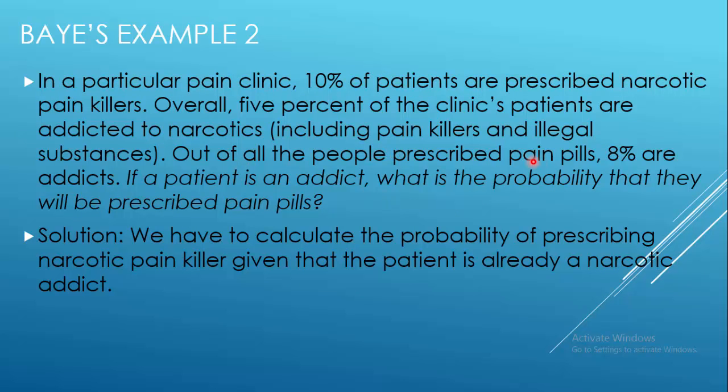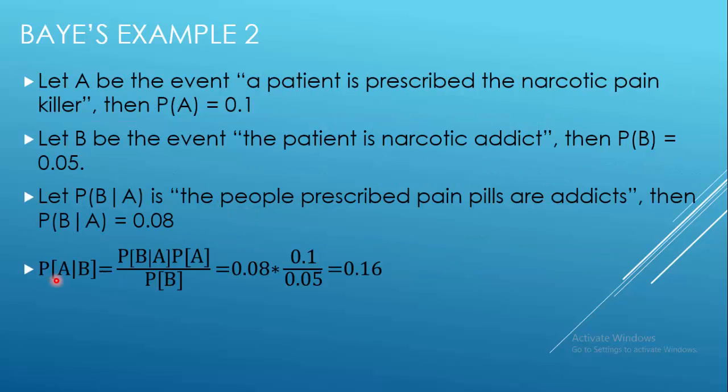Out of all people prescribed pain pills, 8% are addicts. So what we have to calculate? What is the probability that they will be prescribed pain pills? So that is the probability of prescribing narcotic painkiller, given that the person is a narcotic addict, which is probability of B given A multiplied by probability of A divided by probability of B, which is equal to 0.16.